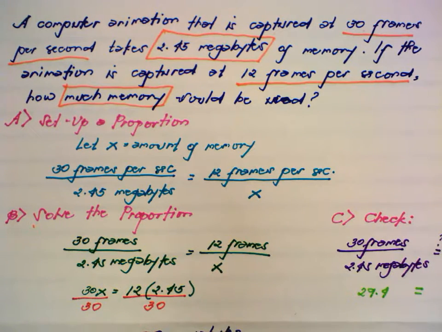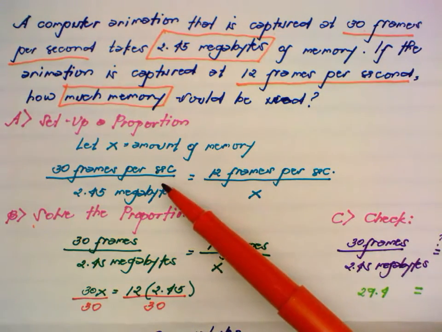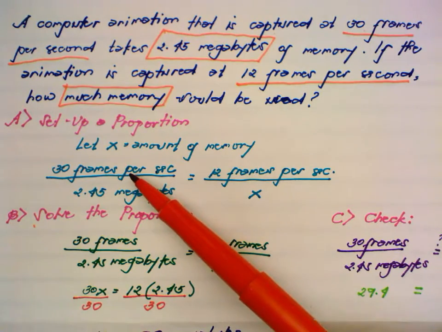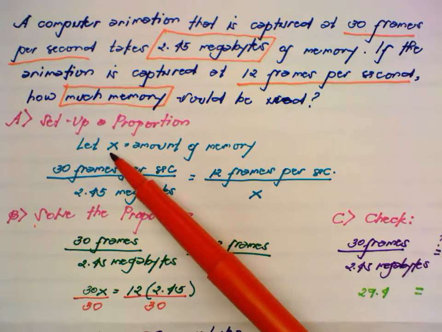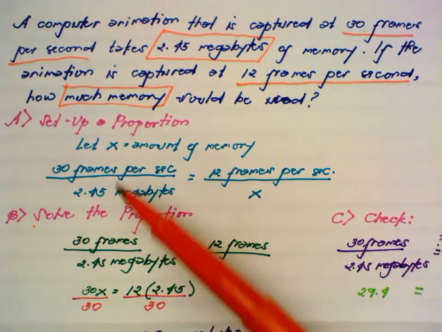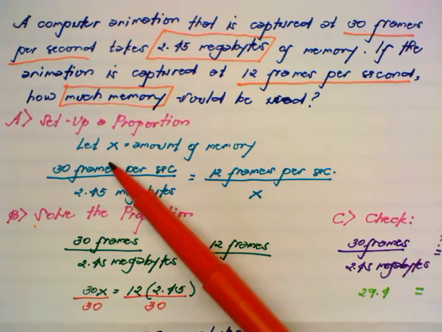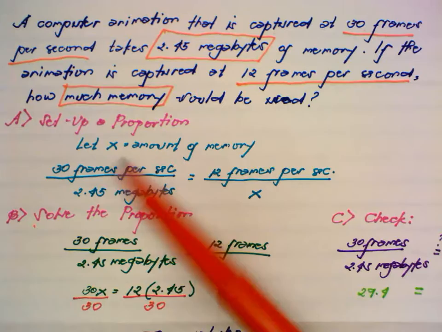Since one of the values is unknown, we use any letter from the alphabet to represent it. You can use A, B, or whatever your favorite letter is, but for this case, I'm going to use X. So let X equal the amount of memory.